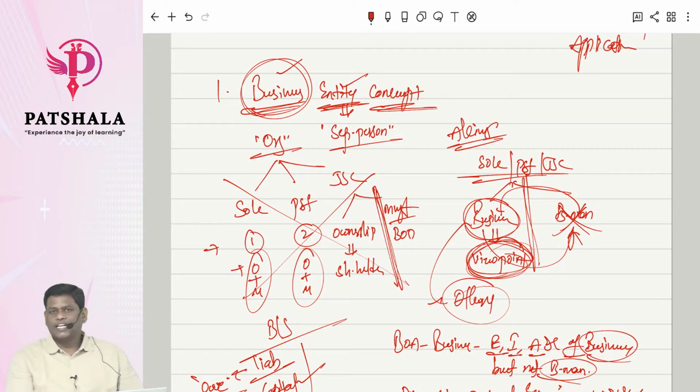Last one, points. Right, first concept heading: business entity concept. Ready? Right here. First point, A: entity means separate person.